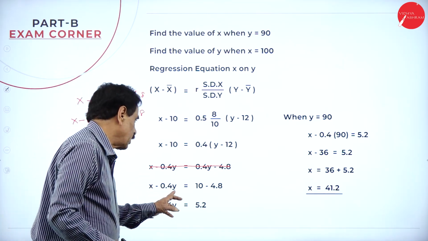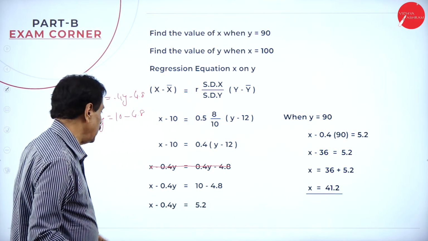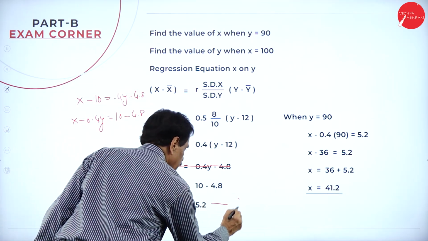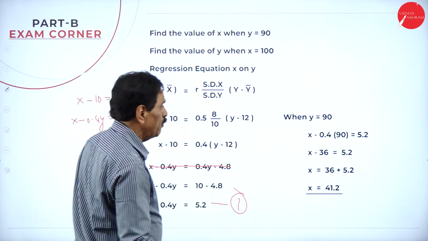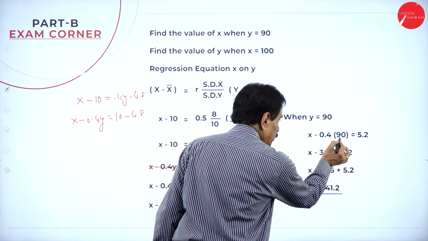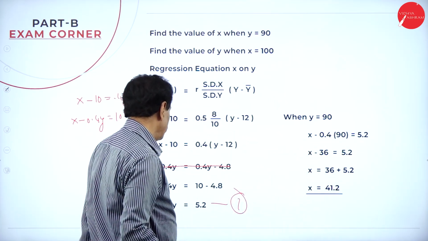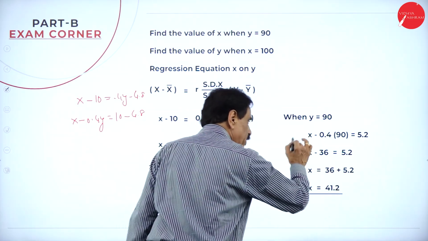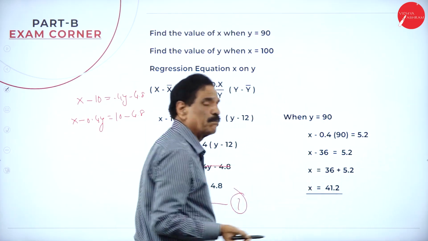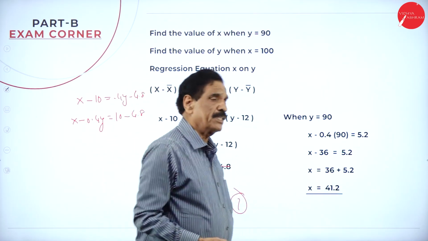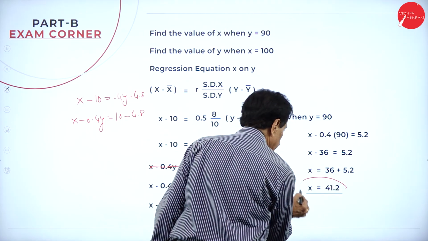So X minus 0.4Y is 5.2. This is equation number 1. Apply now: when Y is equal to 90, X minus 0.4 into 90 is equal to 5.2. Then X minus 36 is 5.2. Take minus 36 to that side and it becomes positive 36. X is equal to 36 plus 5.2, which is 41.2, the value of X.